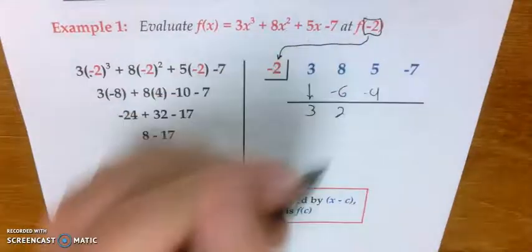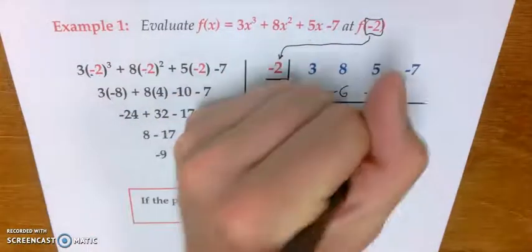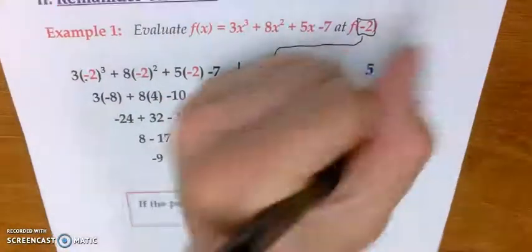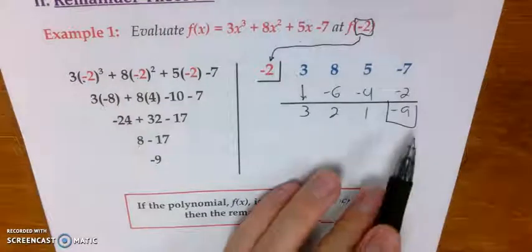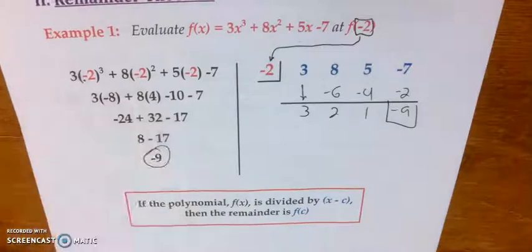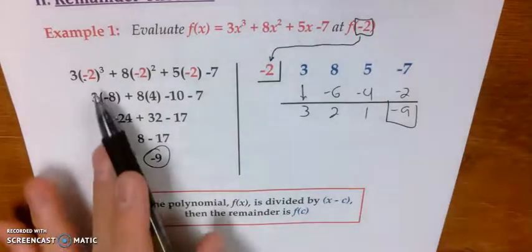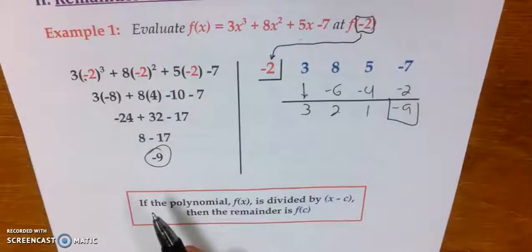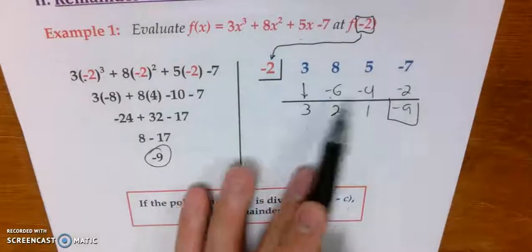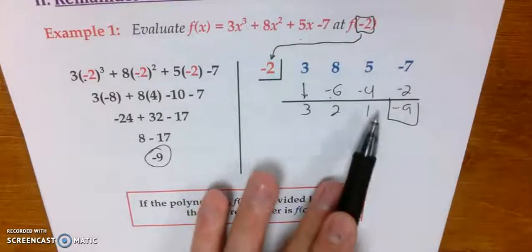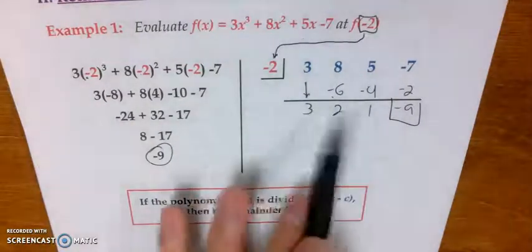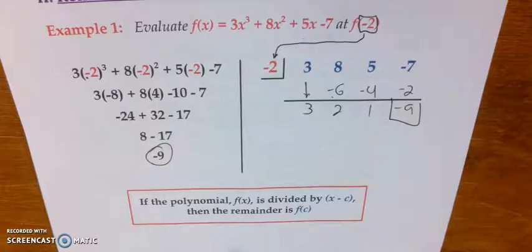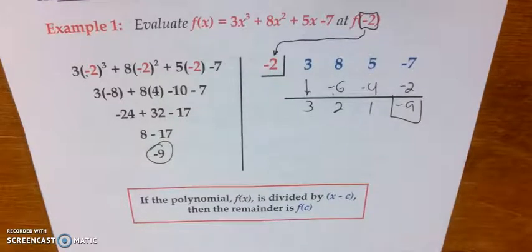And as I do that, what we're going to see is the remainder that we get is the exact same as the function value we would have gotten should we plug in our value. So this, I would argue, is a much faster way to get a polynomial function value by hand as opposed to plugging things in. Less room for error over here.